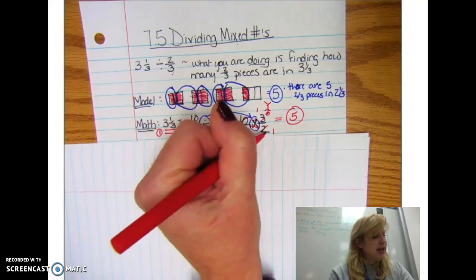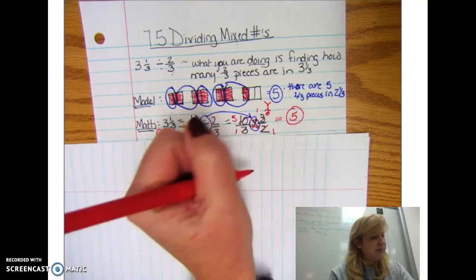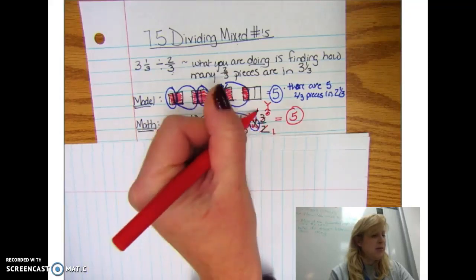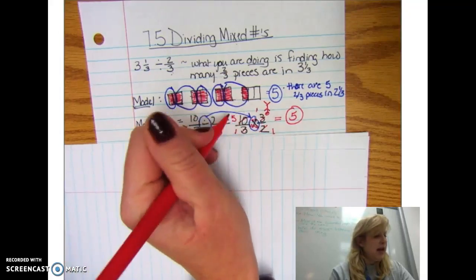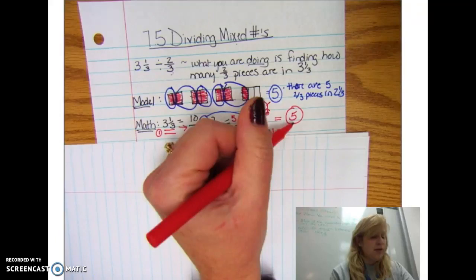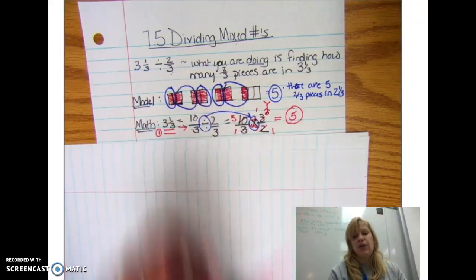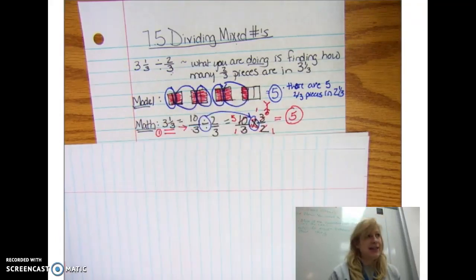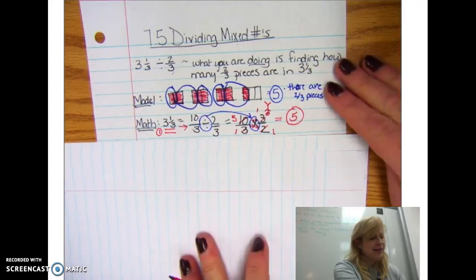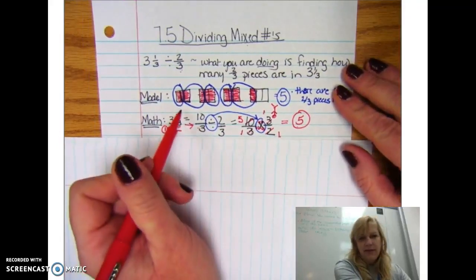And I saw that 10 and 2 could be reduced to 5 and 1. 3 and 3 can be reduced to 1 and 1. And that simply got me 5/1 or 5. So the math works out exactly the same as the model.